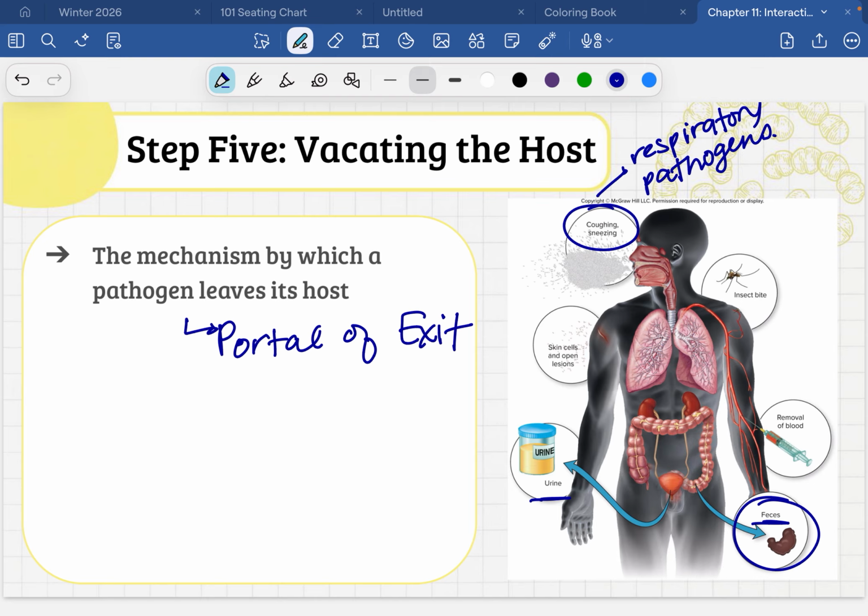Blood is another huge portal of exit. Not just, this one shows, removal of blood, like through needles. So sharing needles can be an important way that diseases are spread from person to person. But just being exposed to somebody else's blood, right? If somebody is bleeding, or if you have a needle stick, I guess that's kind of related to removal of blood.